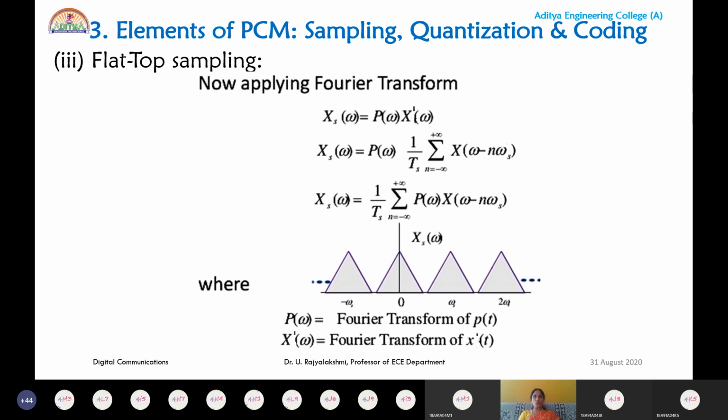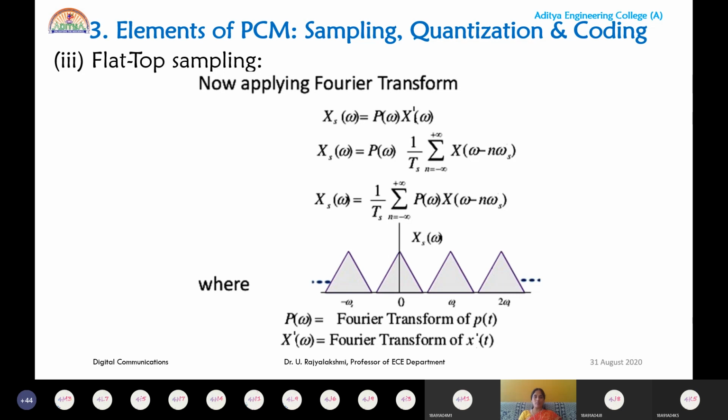And what is the condition to avoid the overlapping? Always the sampling frequency should be greater than or equal to twice the message signal frequency. Then you can avoid the overlapping between each and every spectrum located at n fs, where n ranges from minus infinity to plus infinity. Here in this slide you can observe the spectrum of the flat top sample signal.